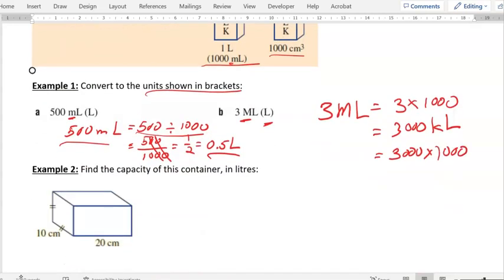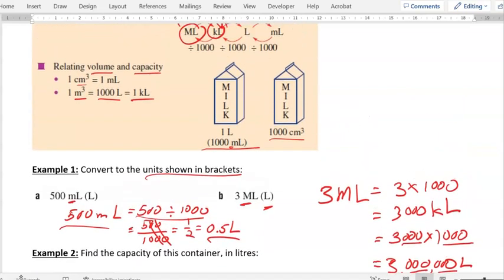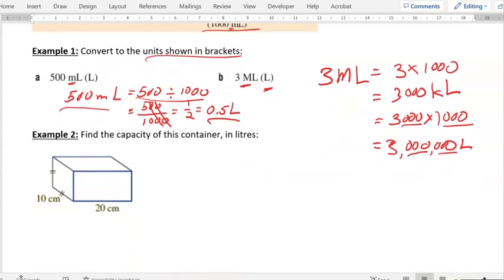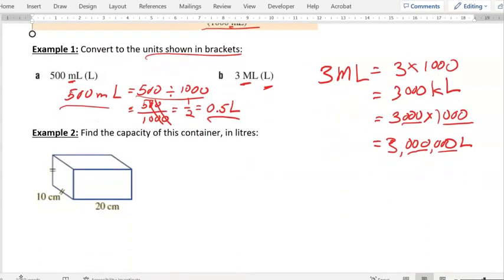And what does that give us off the top of your head? Come on. It gives me 3 million liters. How did I work that out so fast? I've got 3 zeros, and another 3 zeros. So to go from megaliters to liters, I had to go through that step of multiplying by 1,000 and another 1,000, which gave us 3 million liters.